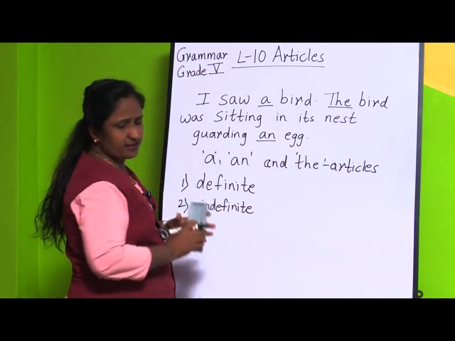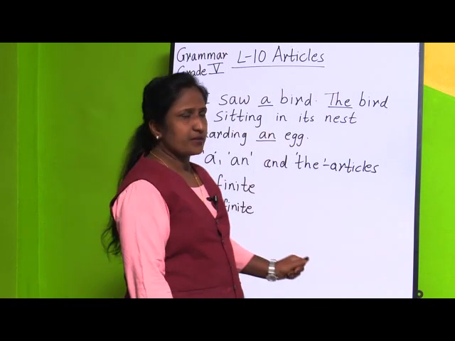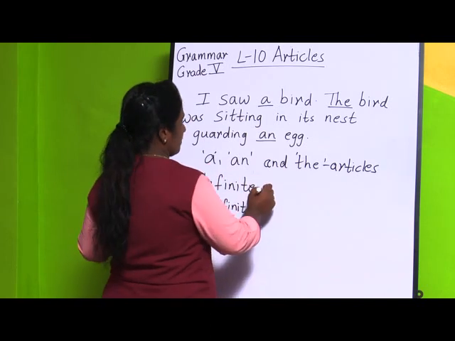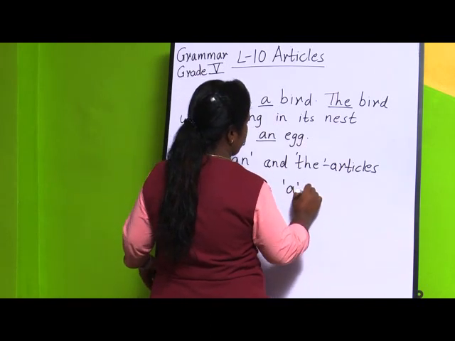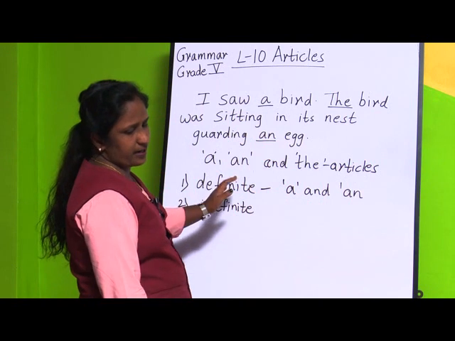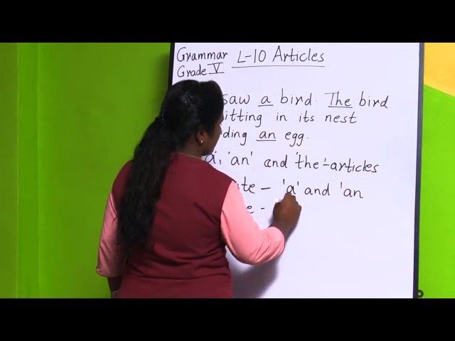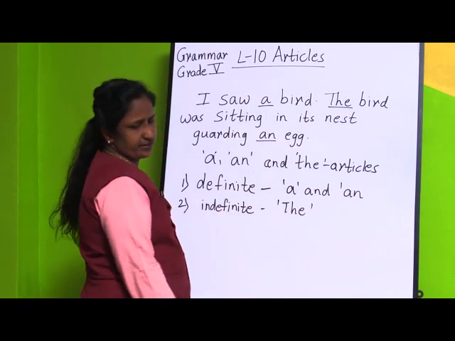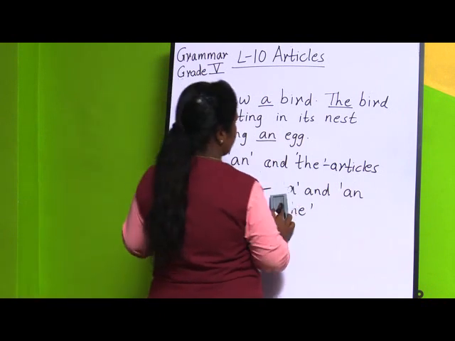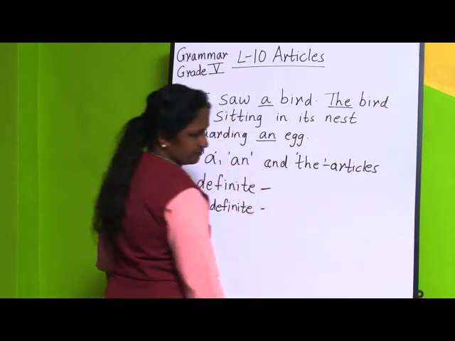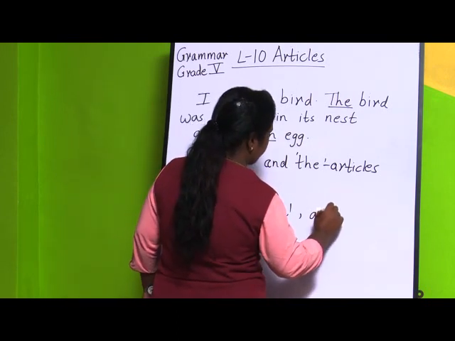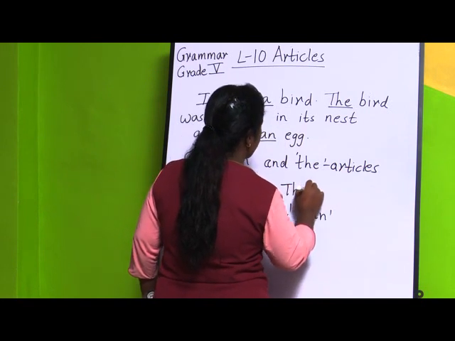Now, if you classify these three articles, a and an, are they definite articles and the is indefinite article? Is it right? No. A and an, they are indefinite articles, and the is definite article.